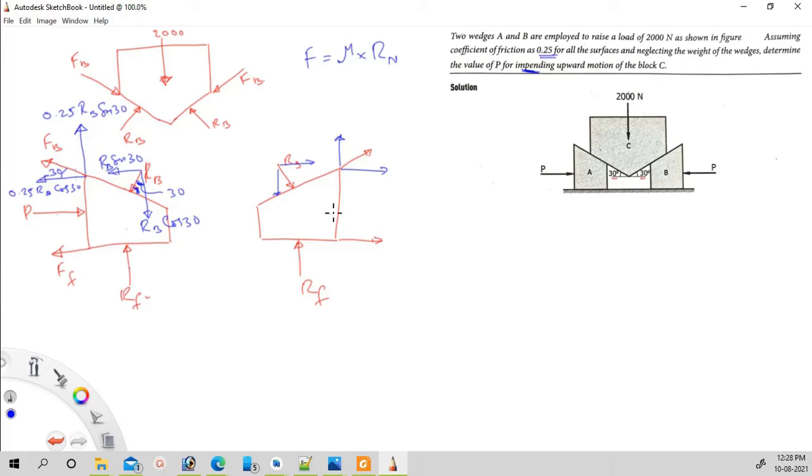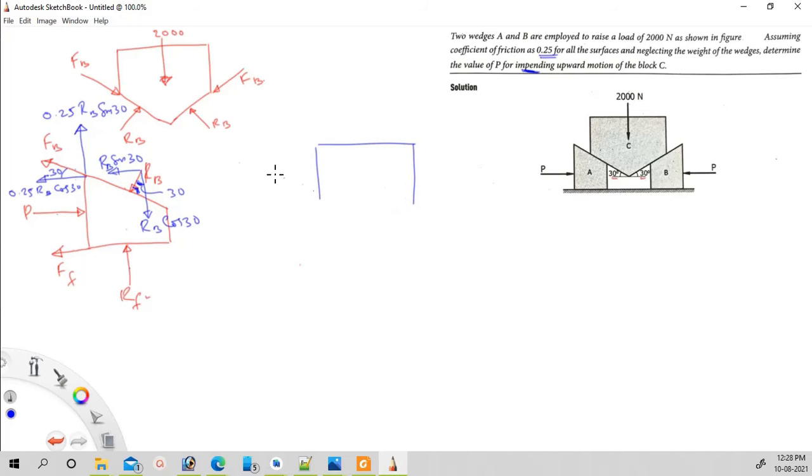Okay. Then P also will be here. Now we can draw the free body diagram with the forces resolved into its components. There we don't have space to write, that's why I'm drawing it here. Okay. So at this point, there will be one component that is a component of this one.